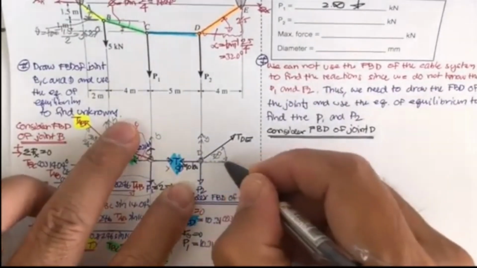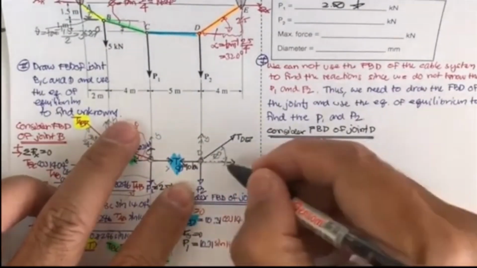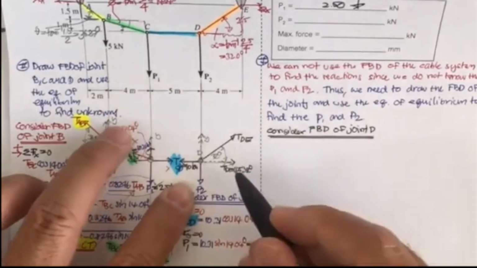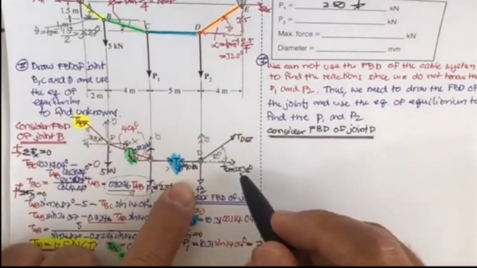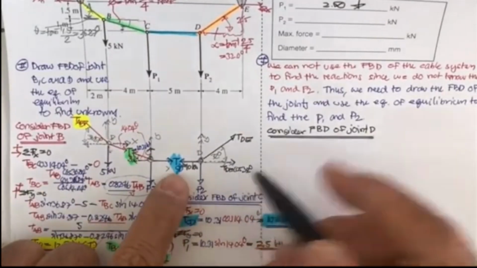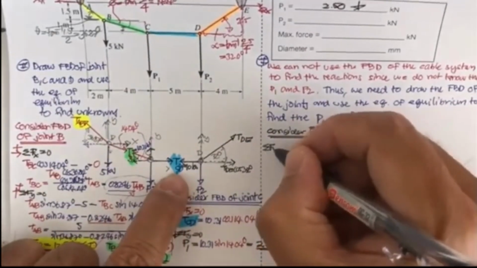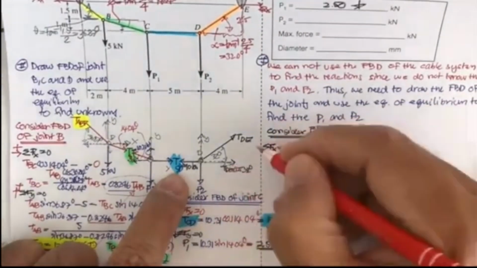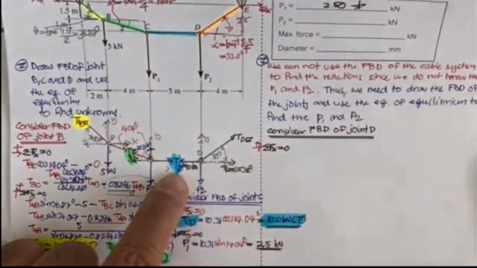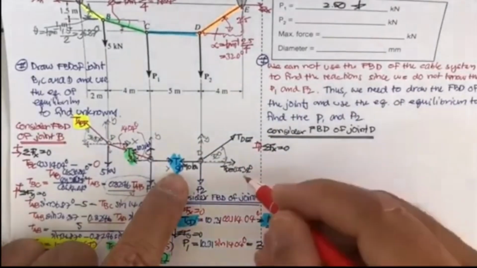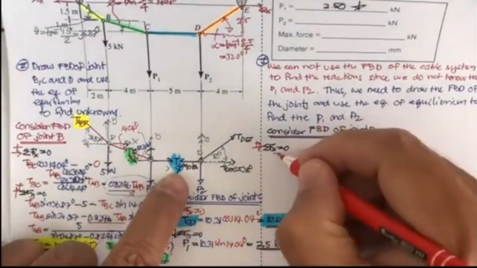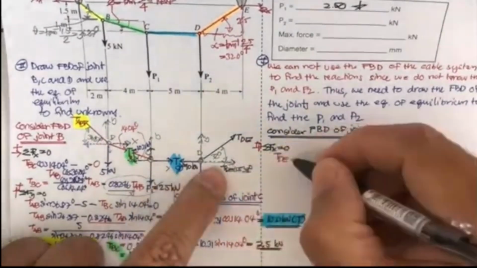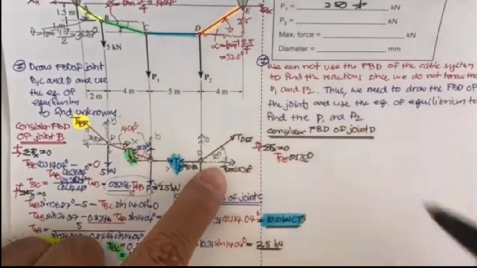If you project this one in the x direction, it's going to be T sub DE cosine 32 degrees, and you're going to have only one unknown. So we do the summation of F sub x equal to 0. And since this one to the right is positive, you may have this T sub DE, and project into this cosine 32 degrees.